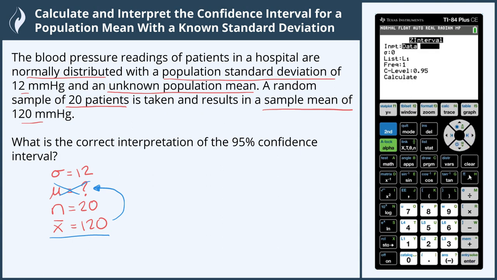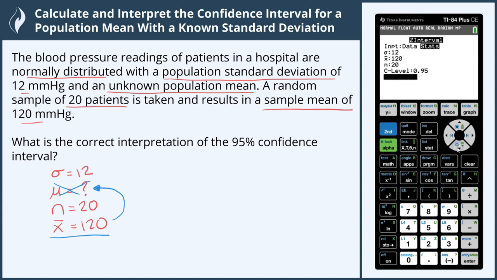And we have statistics that we're going to be entering in, not data in a list. And we have the standard deviation of 12 that was given to us, the sample mean of 120, and the sample size of 20. And so we'll put in 20. And the confidence level, it's already there, is 95%.